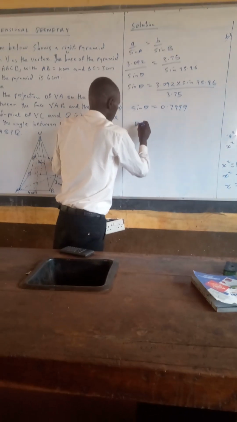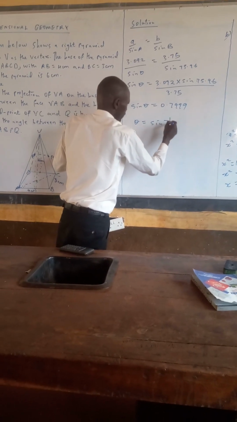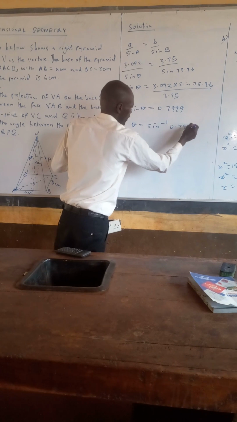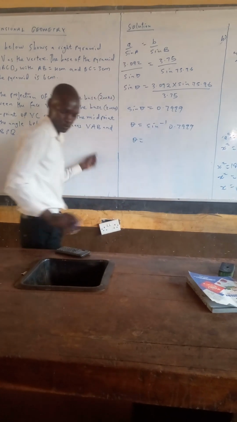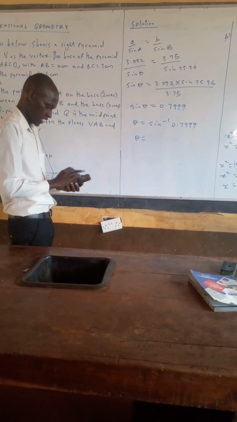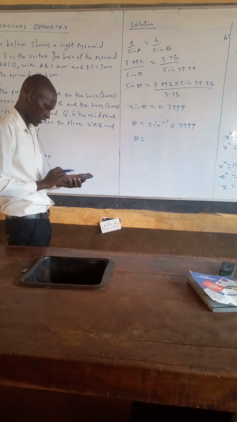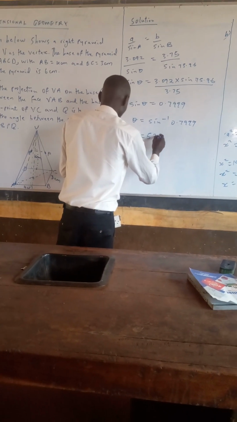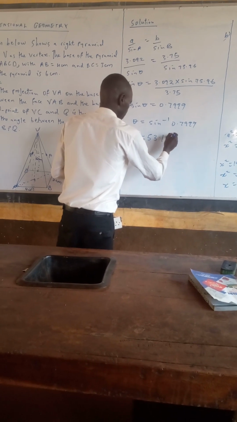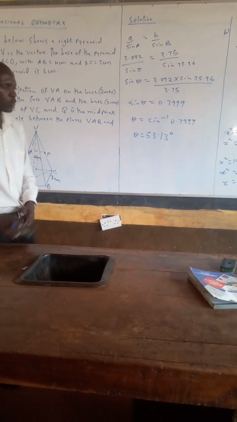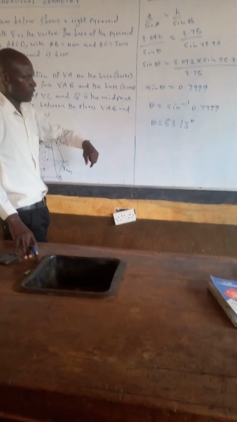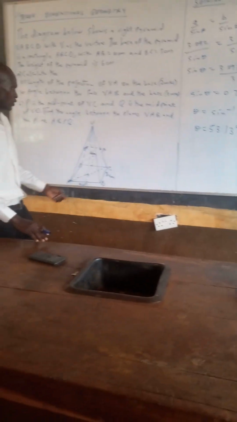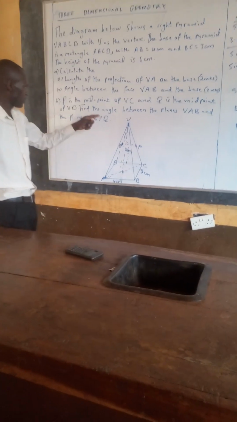So theta becomes equal to the sine inverse of 0.7999, which gives us 53.13 degrees.